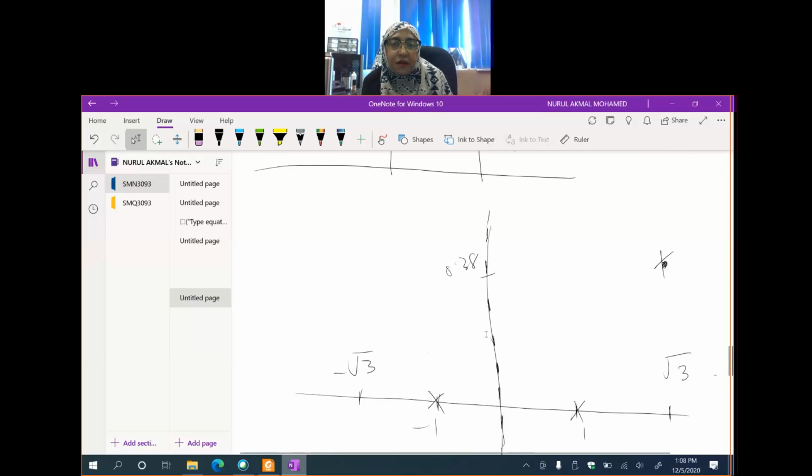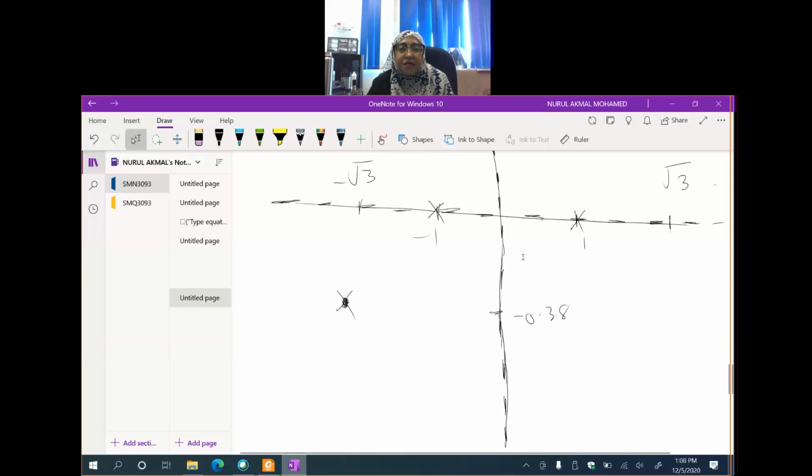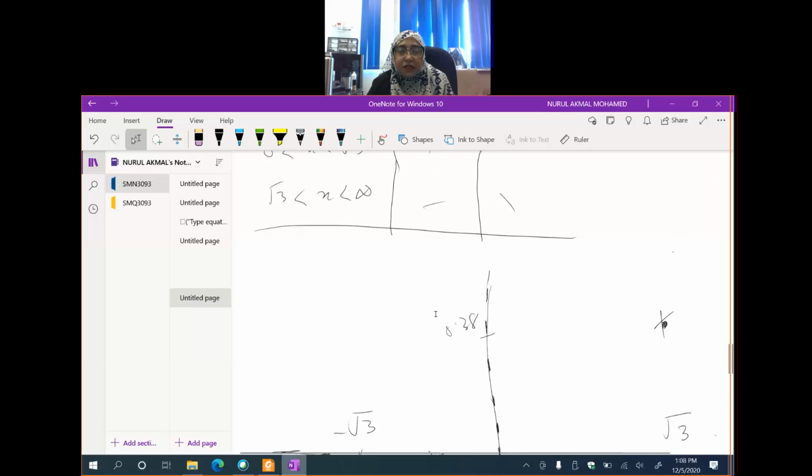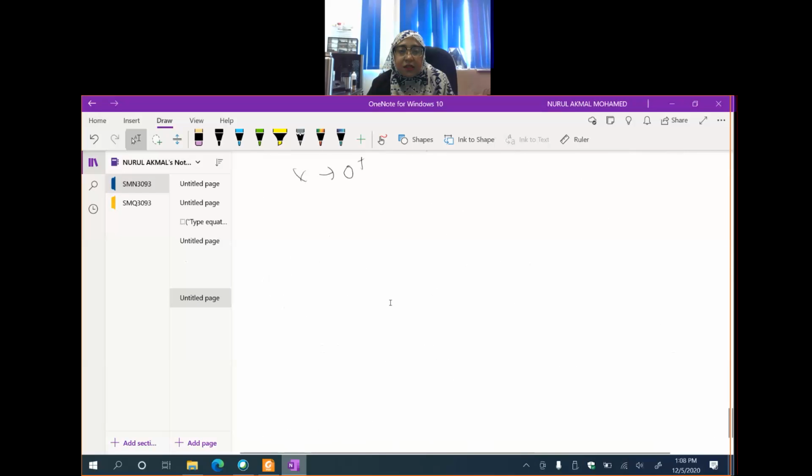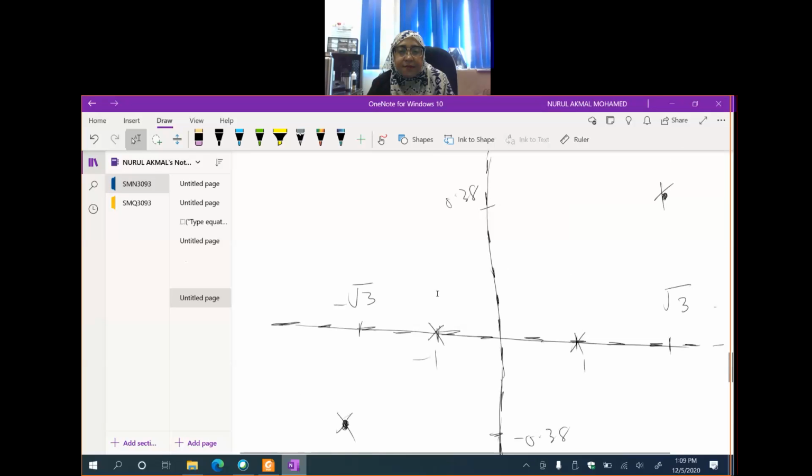Okay, let's draw another line. So this is the horizontal asymptote. Now, as x tends to 0 from the left, it's coming from negative infinity.